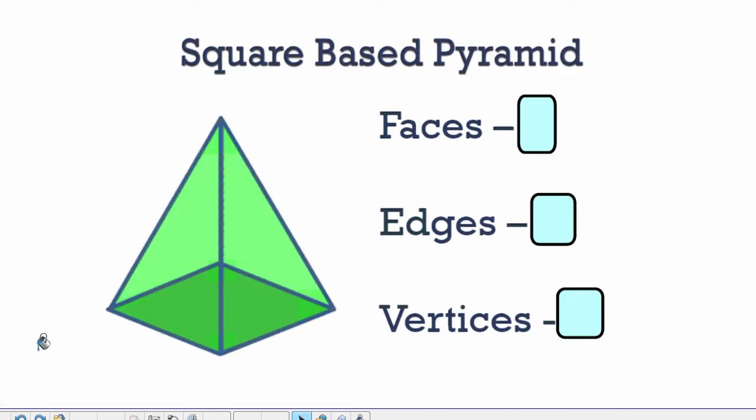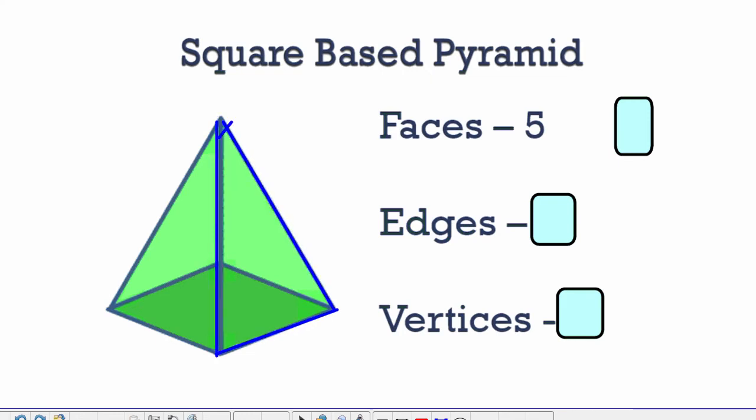Okay, a square-based pyramid. We've got a square on the bottom, and then 4 triangles which meet at the top. So we've got 5 faces, 4 triangles and the square at the bottom. The edges, again, draw them on. Got 1, 2, 3, 4, 5, 6, 7, but there's one hidden one.